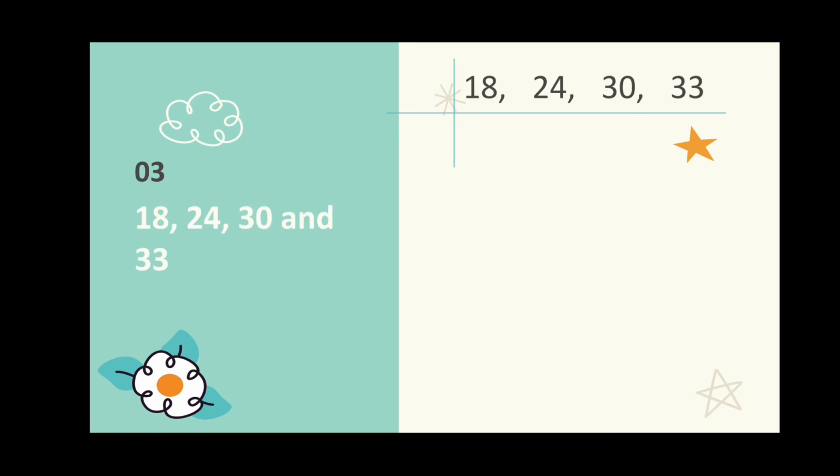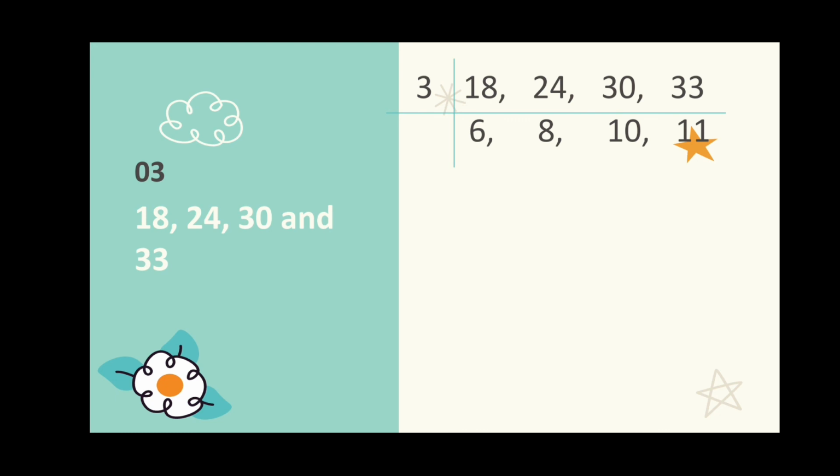Number 3, 18, 24, 30, and 33. So what do you think is the common factor of these 4 numbers? Okay, so it's number 3. Now let's divide them by 3. Now we have 6, 8, 10, and 11.